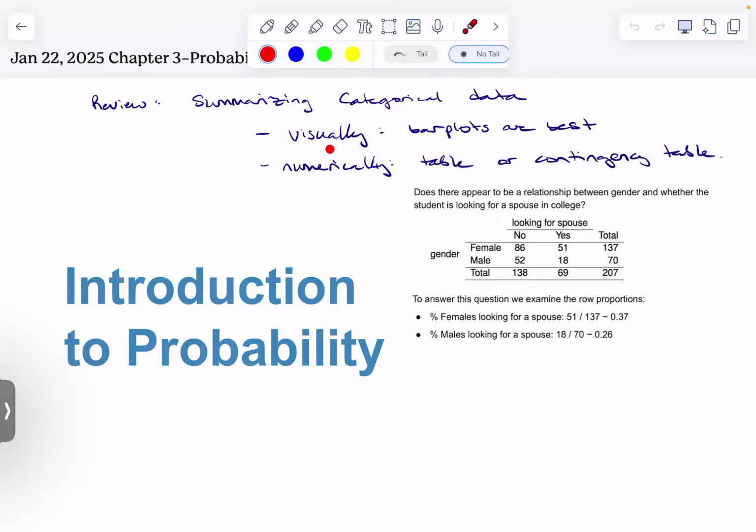So we can summarize categorical data. We can summarize it visually, which bar plots are best, right? And there's a lot of different reasons why we shouldn't use pie charts. So here, do not use pie charts.